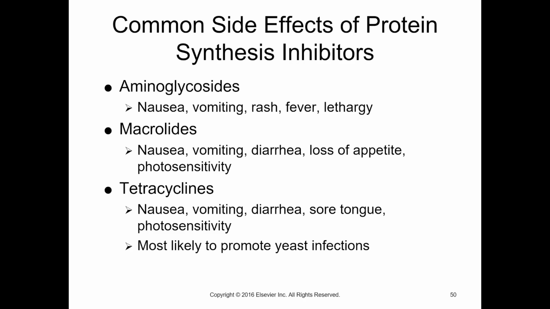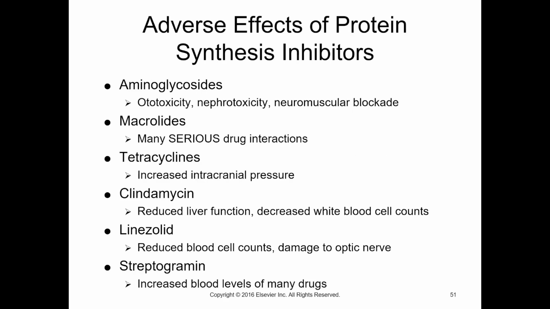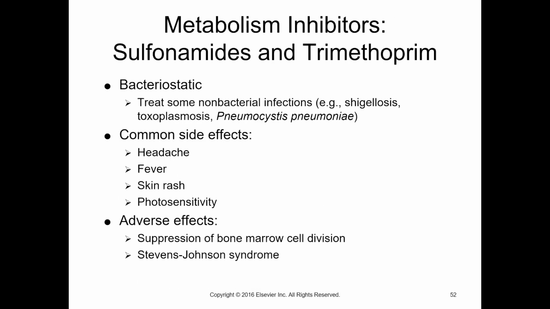Certain other ones like clindamycin, if it's given in an intramuscular injection, it can cause something called thrombophlebitis, which is basically an inflammation of the vein, which can be dangerous. There are lots of side effects to think about here. Macrolides have a ton of drug interactions, which is why you don't see them used that often. A lot of these, though, can help suppress your immune system as well and reduce liver function.